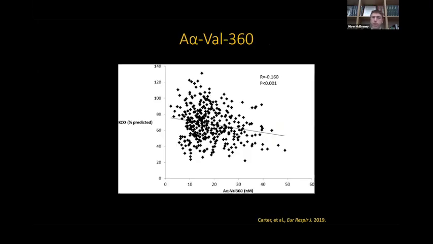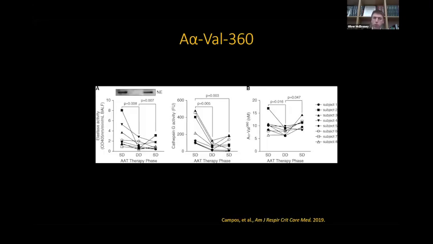A-alpha valine 360 is an indirect measure of elastase activity that can be detected in blood and airway. It's specific to NE, which is great. That means it's a bioassay essentially for NE activity rather than for more general protease activity. Again, that's fine, particularly if NE is the culprit. The double dose study also looked at A-alpha valine 360 and was able to capture a change in response to therapy.